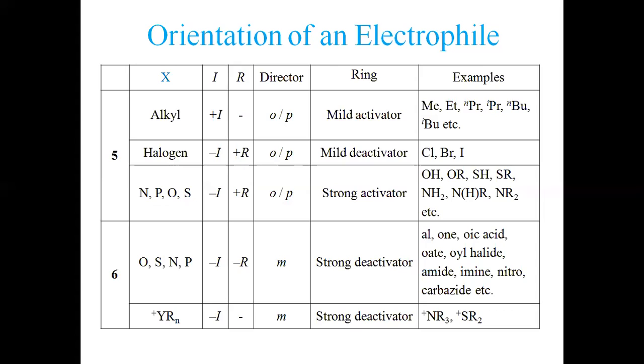So by inductive effect, it is withdrawing electron density. So halogens have a plus R effect, electron donating by resonance, but electron withdrawing by inductive effect, right? This is an ortho-para director as well.